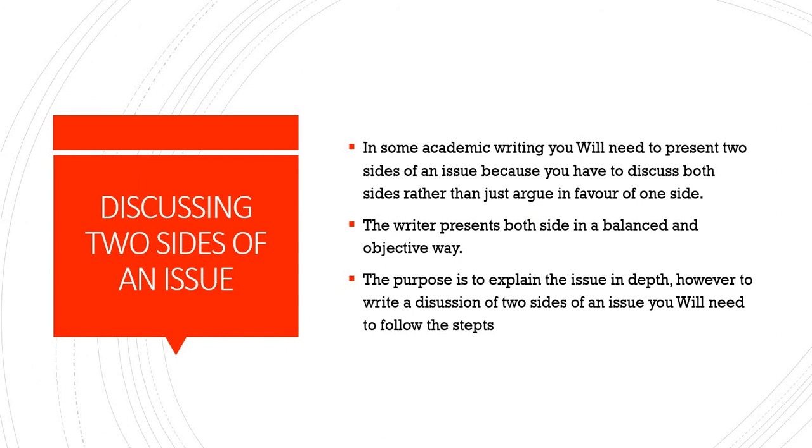When you do academic writing, sometimes you have to show the reader different options, and you have to decide which one you want the reader to select, depending on your topic.